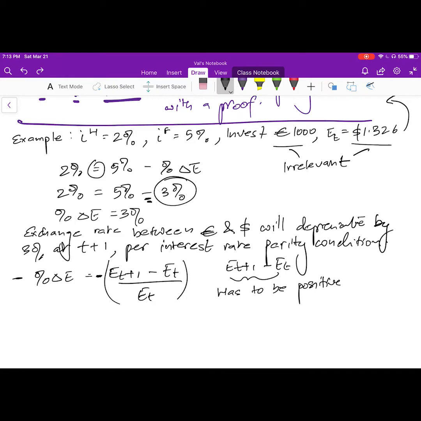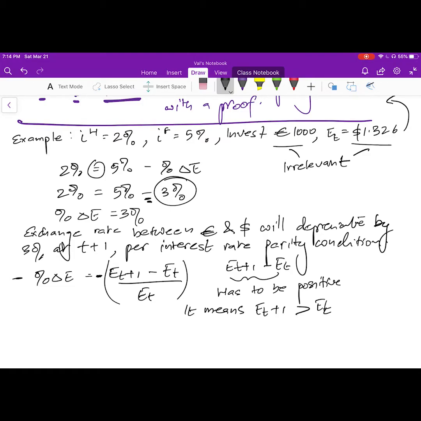What does that mean? What does E_t+1, which is tomorrow's exchange rate, minus E_t, which is today's exchange rate, has to be positive? Well, it means E_t+1 has to be greater than E_t by definition. That's the only way E_t+1 minus E_t is going to be positive.